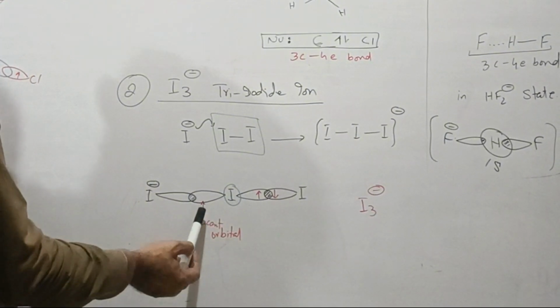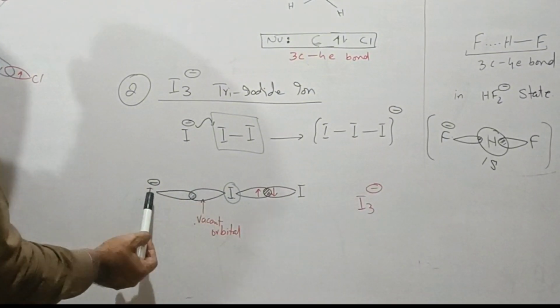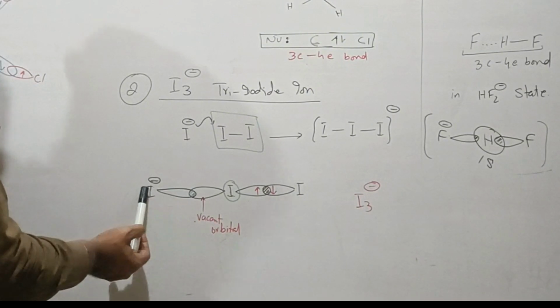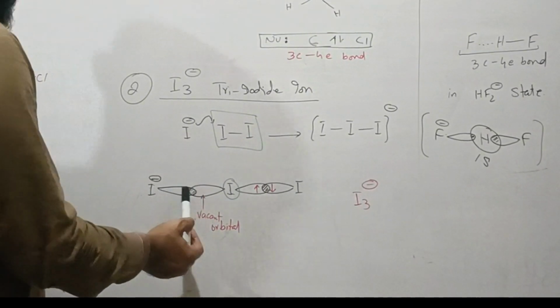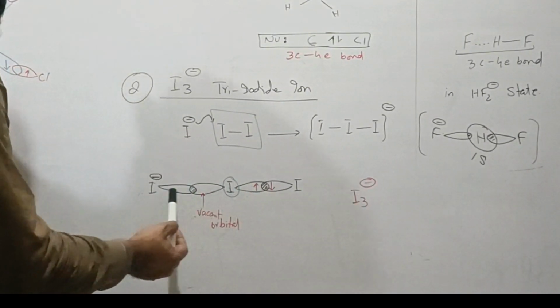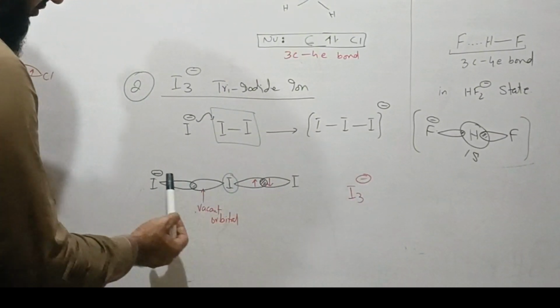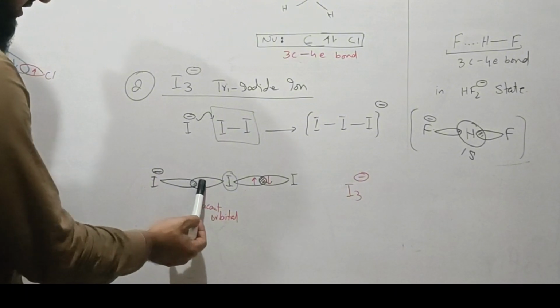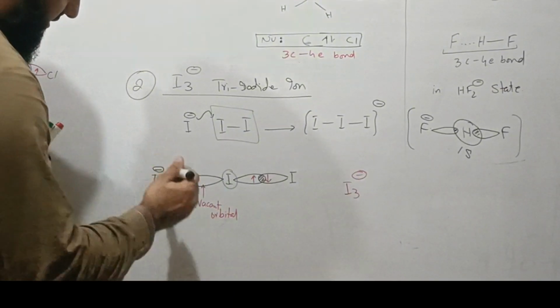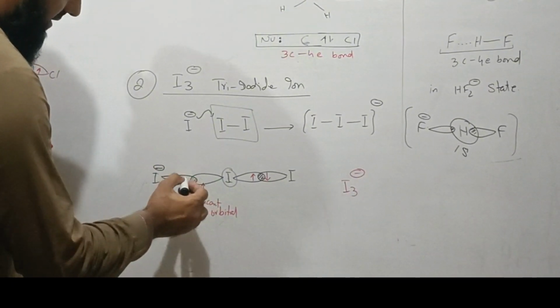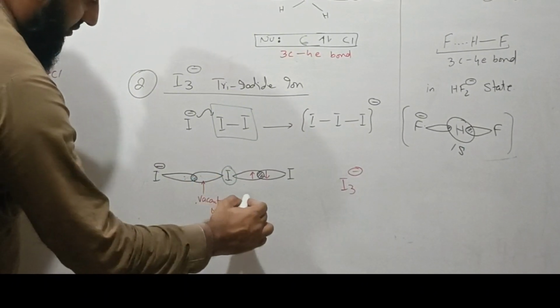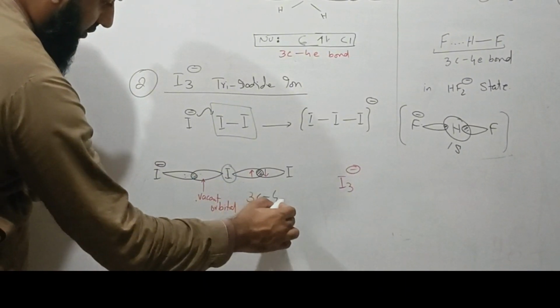So this is one of its vacant orbitals. It overlaps with the attacking iodide, and as a result of this attack, 2 electrons are donated by this iodide. So there are 2 electrons in this overlapped structure and this is also called a 3-centered 4-electron bond.